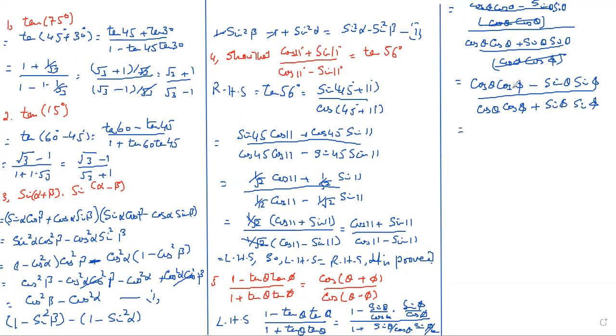So the numerator is the formula of cosine theta plus phi, because the minus sign is there, and the denominator is cosine theta minus phi, because the plus sign is there, which equals the right hand side. So therefore, right hand side equals the left hand side. It is proved.